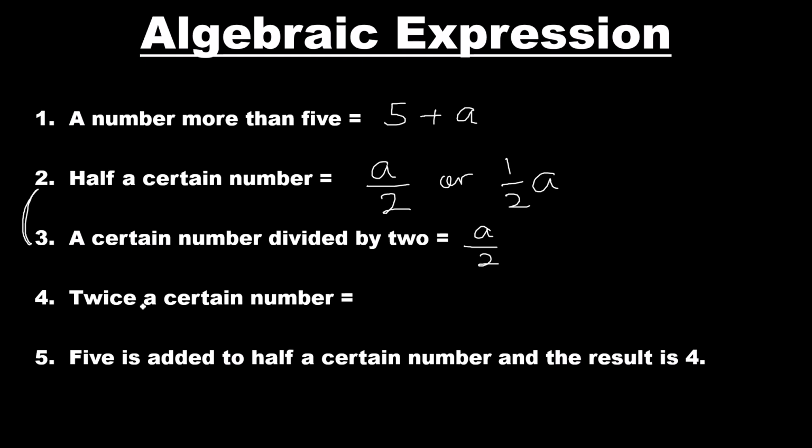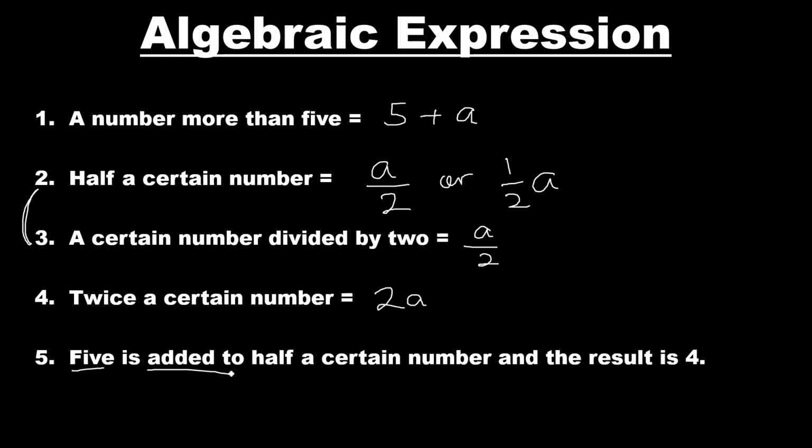Then we have twice a certain number. Twice means 2 times a certain number, so 2A. Then the last example: if you remember correctly, we said "is" means equal to. Look at this side: 5 is added to half a certain number.